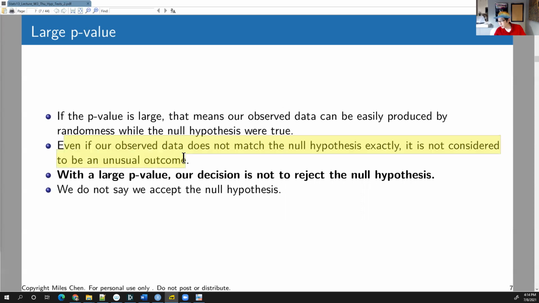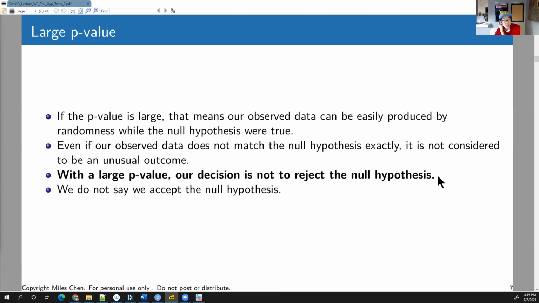And so even if our observed data doesn't match the null hypothesis exactly, it's not considered to be an unusual outcome. Even if we don't have 2 sample means that are exactly equal, the difference we had is small enough that it's not considered to be unusual. And so when we end up with a large p-value, our decision is going to be not to reject the null hypothesis.